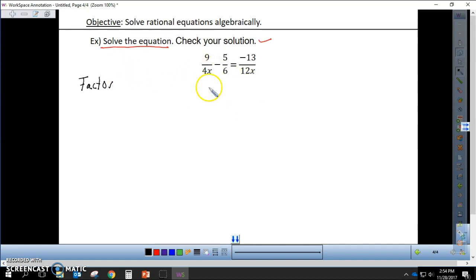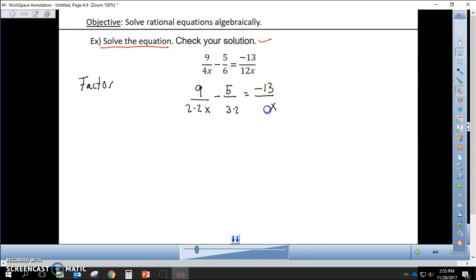So what I'm going to do is rewrite this as 9 over, now I have 4x, however I'm going to break it down into 2 times 2x, minus 5 over 6, which I'm going to break down as 3 times 2, and negative 13 over 12x. I'm going to represent this 12 as 3 times 2 times 2.